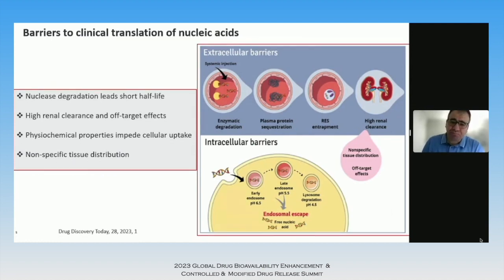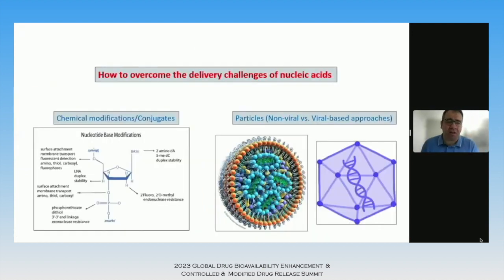So then the question is, how can we overcome these challenges? What has been done is not only to protect these modalities from degradation, but also to facilitate their cellular uptake, endosomal escape, and then the later efficient expression in the cytosol.